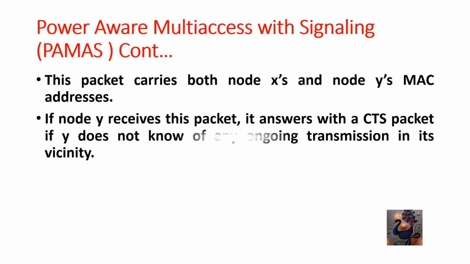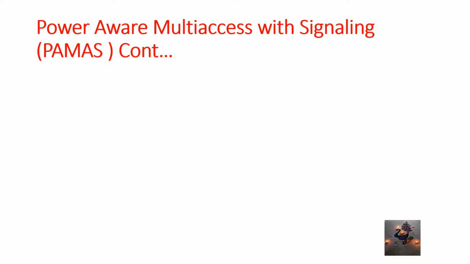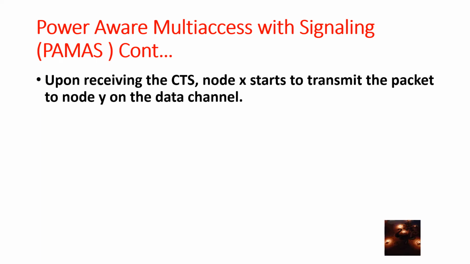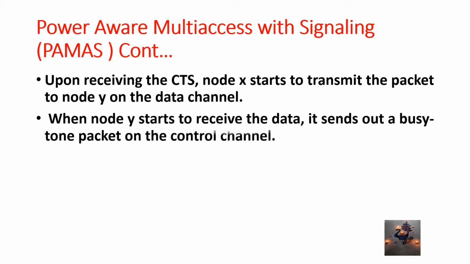If Y receives this packet, it answers with the CTS packet if Y does not know of any ongoing transmission in its vicinity. Upon receiving the CTS, node X starts to transmit the packet to node Y on the data channel. When node Y starts to receive the data, it sends out a busy tone packet on the control channel.